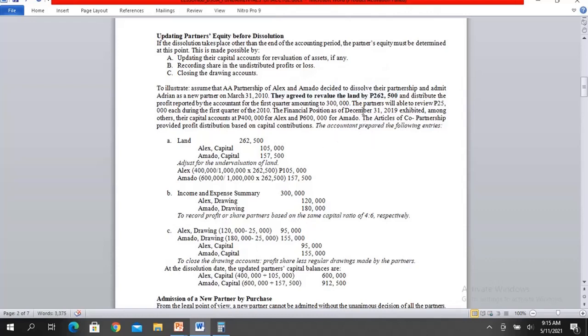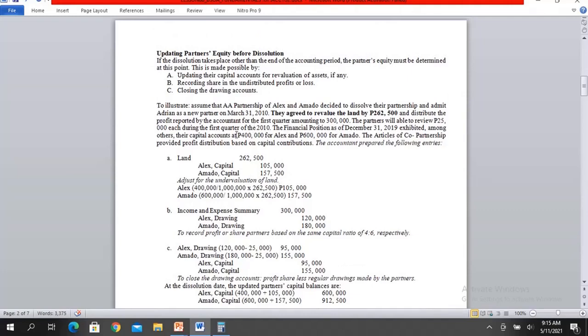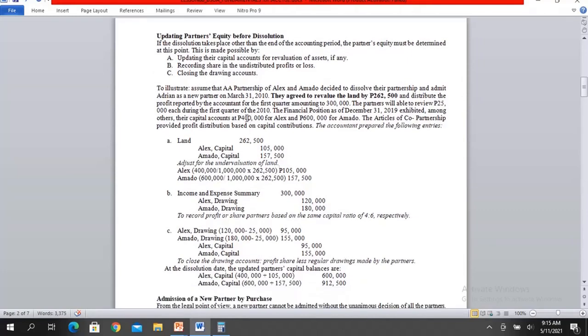Ngayon i-distribute natin yung revaluation of asset na 262,500, nag-increase yung value. Di-distribute natin yan kay Amado and Alex, magbe-base tayo dun sa capital contribution nila na 400,000 and 600,000.